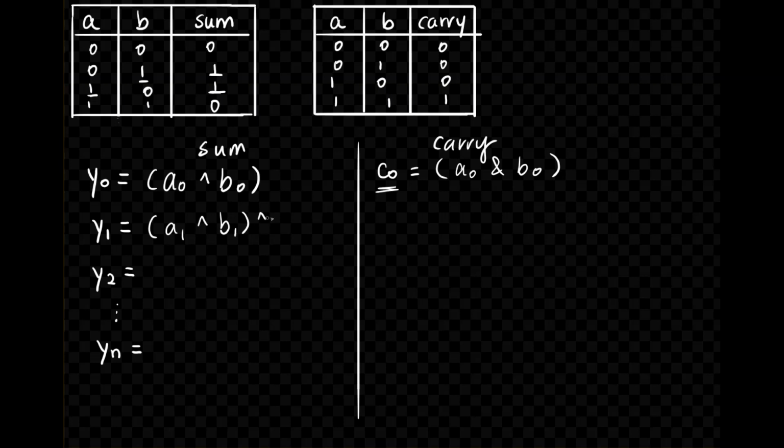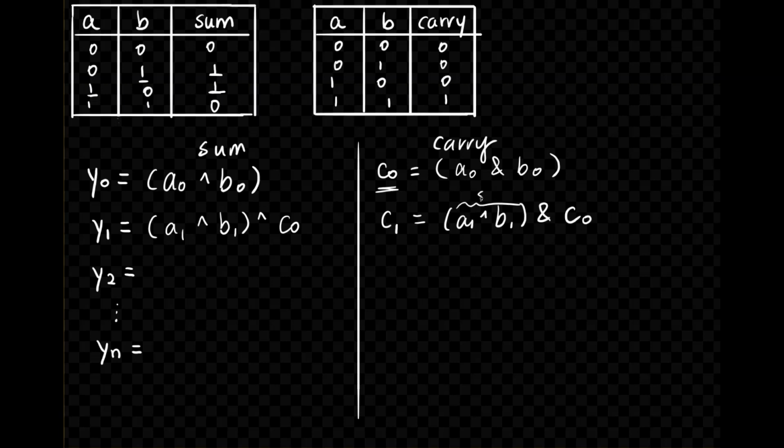So we would also have to XOR c0. Now constructing c1, we would see if the previous sum, a1 XOR b1, and the carry are all high. That way we would have a carry here as well.